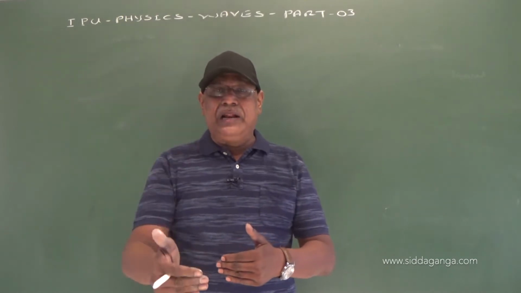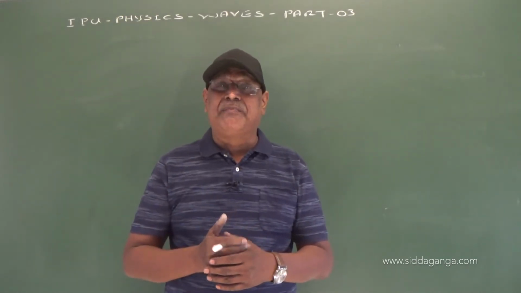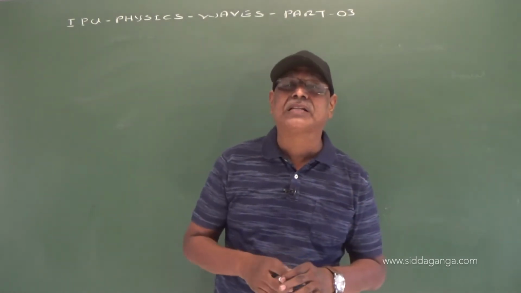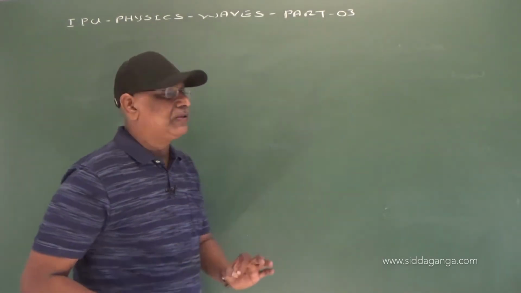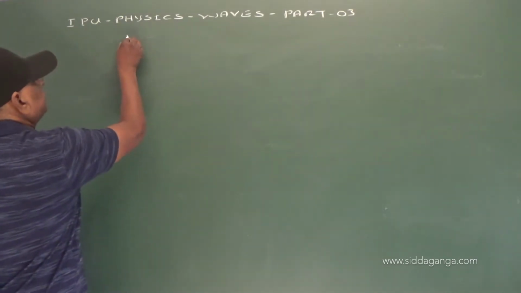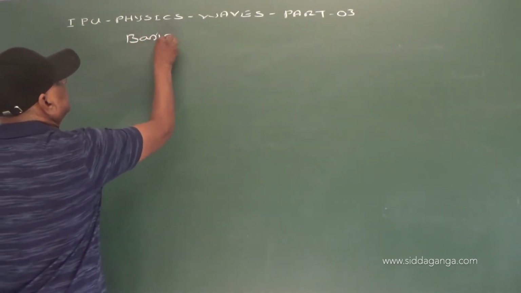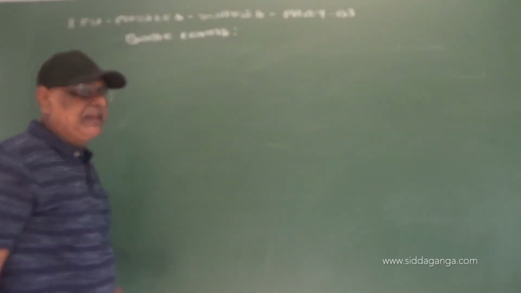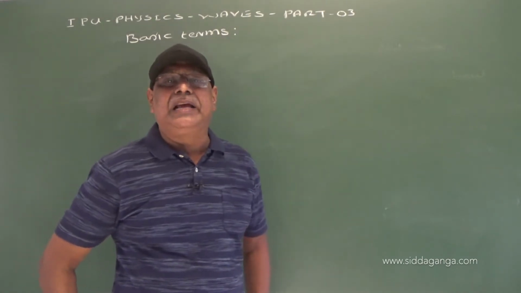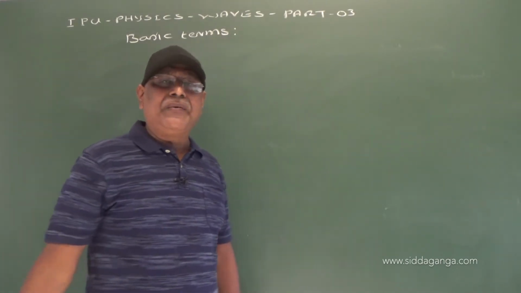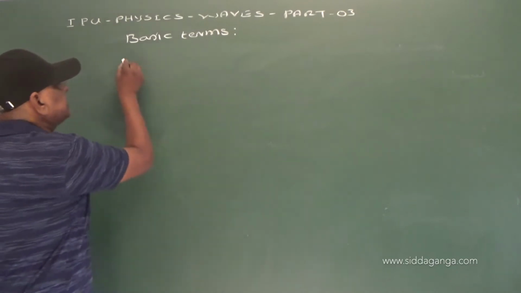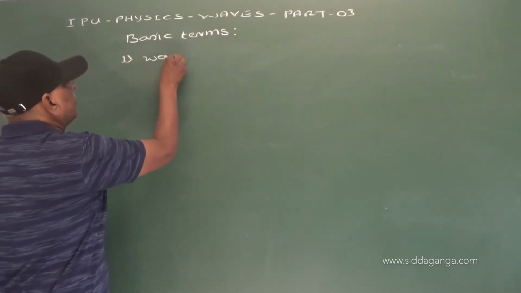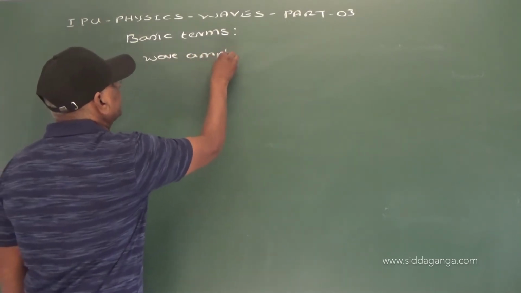Remember, one, there is a simple harmonic motion of particles, right? Number two, translational motion of disturbance or energy, right? So we'll take some basic terms which will help us understanding waves and wave motion, right? Now the first term we are going to discuss is wave amplitude.